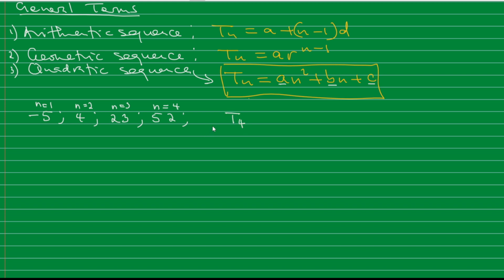So if we are going to find T4, this means the term in position 4. You'll find that the general term uses the positions. So to find T4, you have to find a number a that you multiply by the position squared, plus another number multiplied by the position, plus a constant. So that is the format of a quadratic sequence. We call this the general term of a quadratic sequence.